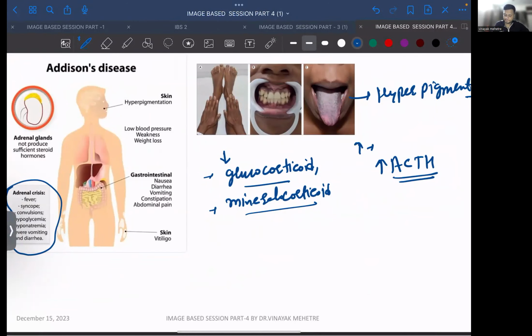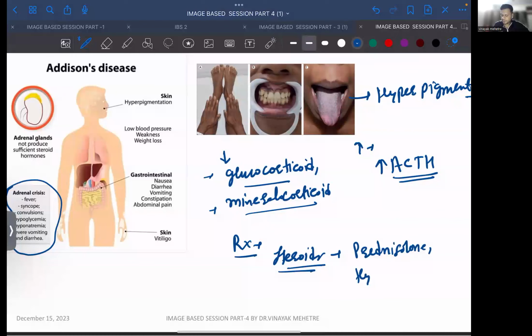So what we will give? Corticoids are steroids, right? So we will give steroids. Which ones will we give? Examples. When you don't know the answer, it is prednisolone, right? And which other one? Hydrocortisone, you have heard of it, hydrocort as we call it. Prednisolone and hydrocortisone, these two are given. Those are the examples.